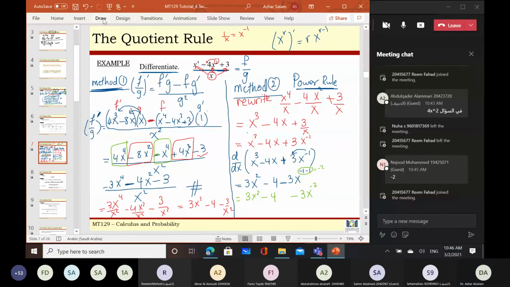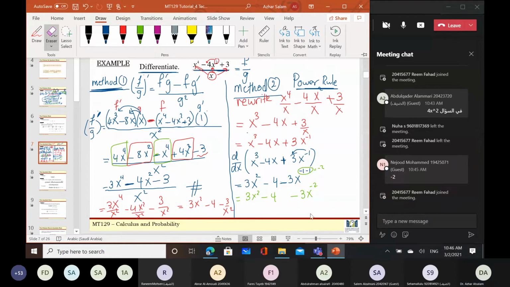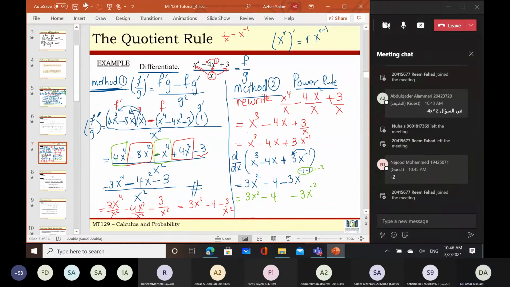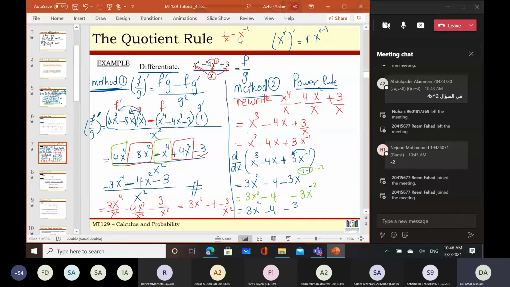Okay? I can stop, but for more simplification here, عشان تكون بالضبط نفس هذه it will be 3x squared minus 4 minus 3. Since I have here a negative power, by the same thing here I can take it down. Okay, أتخلص من الأس من الإشارة السالبة في الأس لكن أضعها في المقام.